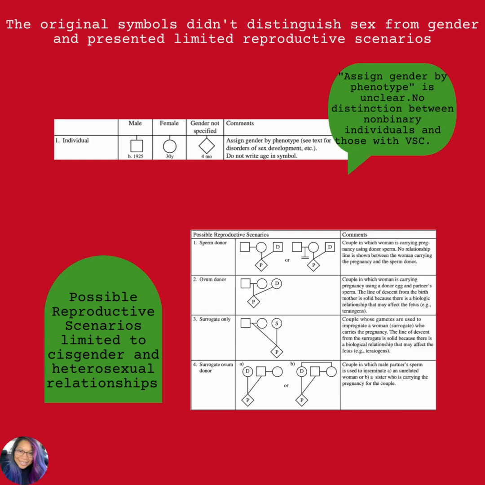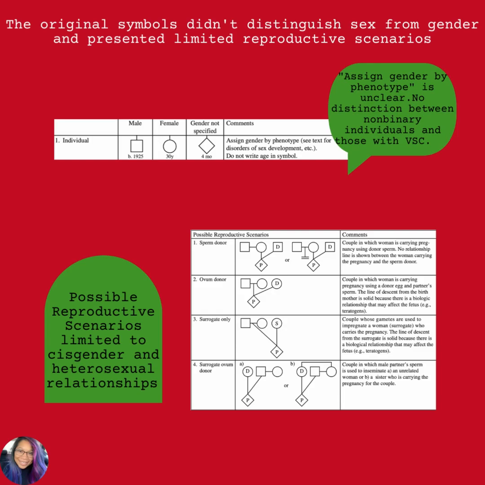As you can imagine, because this is set in the past, there were some limitations to what was originally described. So as I mentioned, individual, male, female, and then gender not specified. But that obviously means that this was assigned gender by phenotype, which can be unclear. There was no distinction at that time for non-binary individuals. And then again, there were some limitations as it pertained to reproductive scenarios.